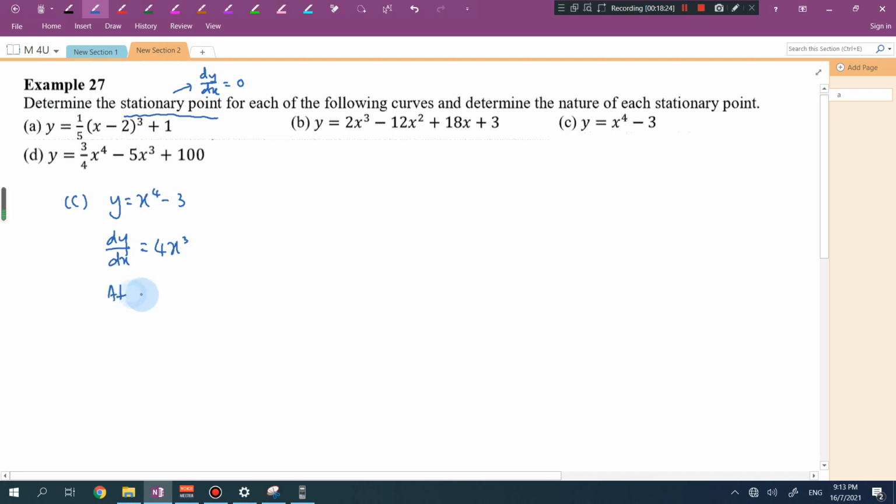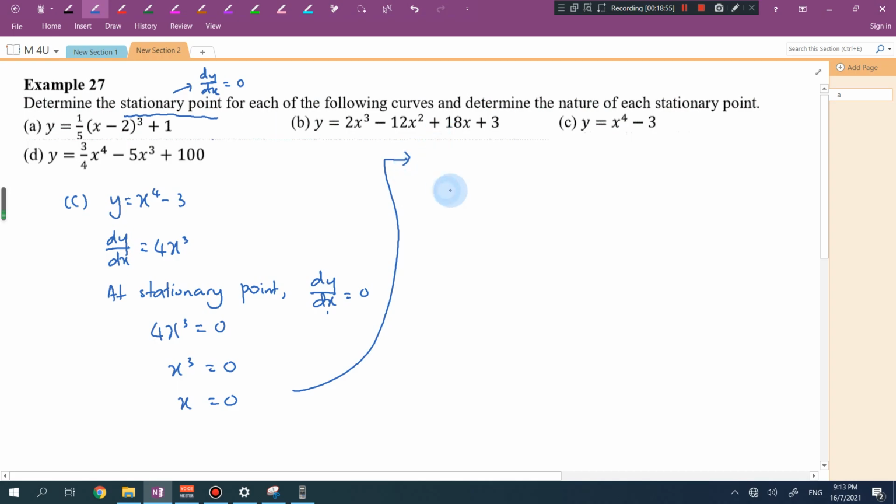For the stationary point, dy/dx is equal to 0. Just do what we did just now. The function is different, but the steps are still the same. 4x cubed is equal to 0, so x cubed is equal to 0, x is equal to 0. So next step, we find the y coordinate.